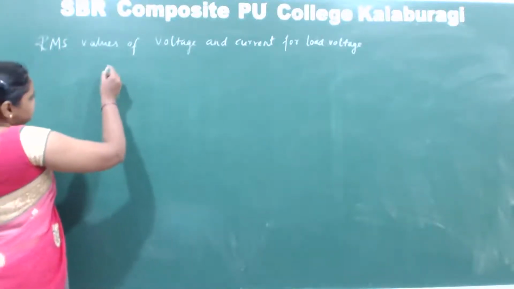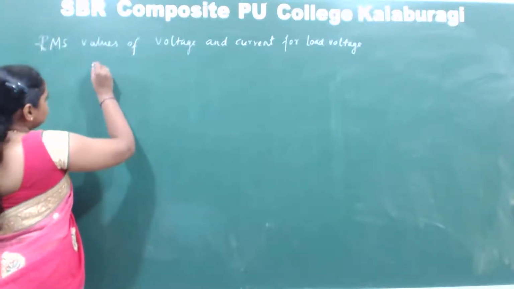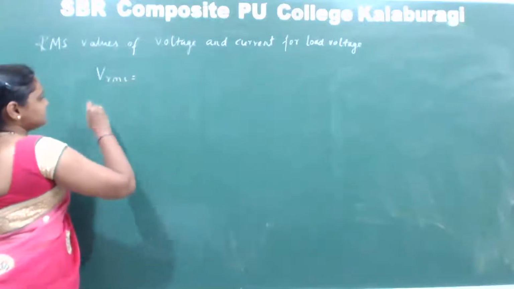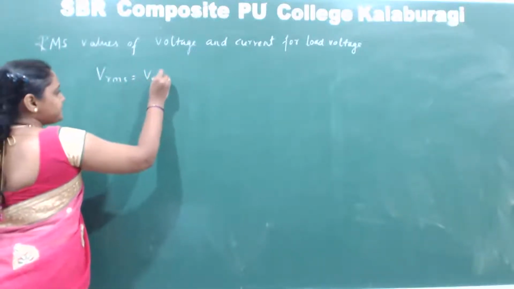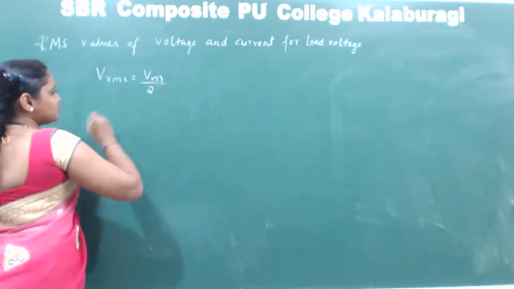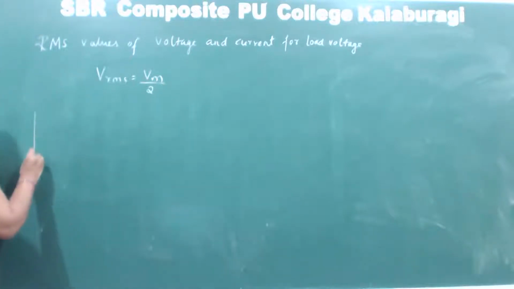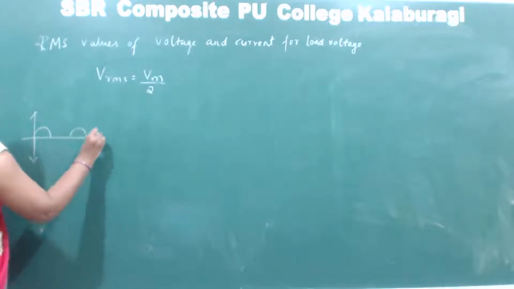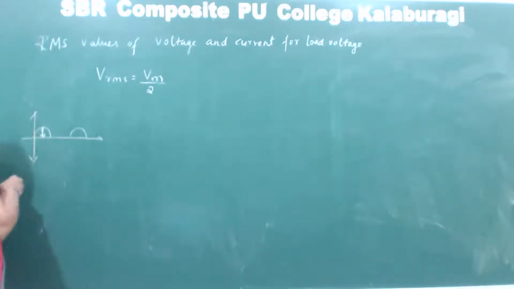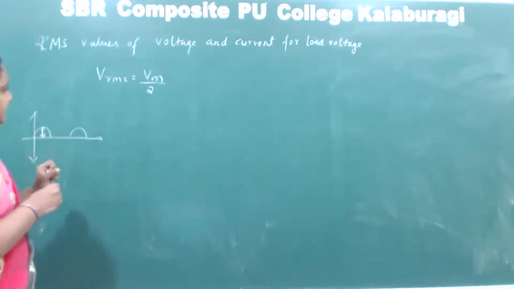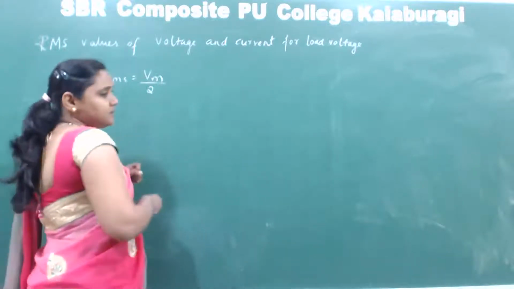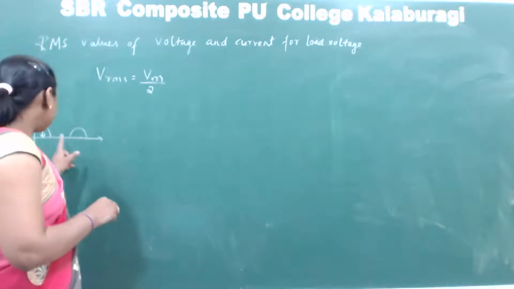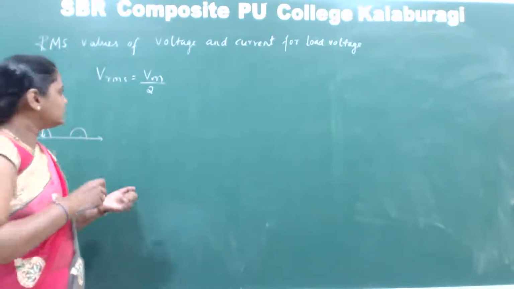So VRMS is equal to Vm by 2, and this Vm is for the positive half cycle. Where we have observed Vm by root 2, here as there is only one half cycle, it becomes Vm by 2.